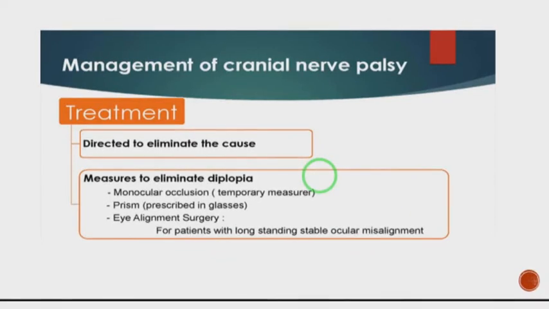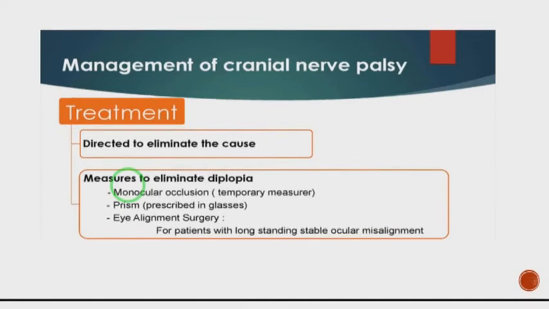During this period, all we are worried about is the annoying diplopia of the patient. So we can use temporary measures like monocular occlusion or prisms prescribed in glasses. After 9 months, if the nerve regeneration doesn't do what it has to do, we can proceed to surgery to return the globe back to its aligned position.